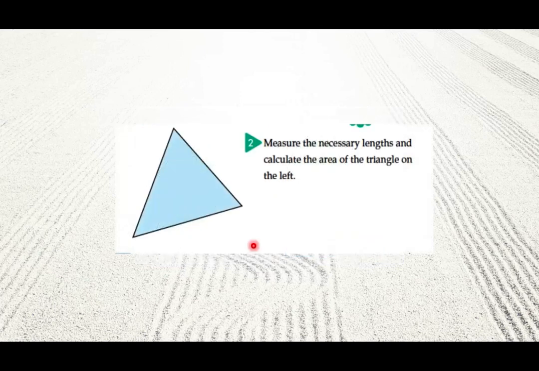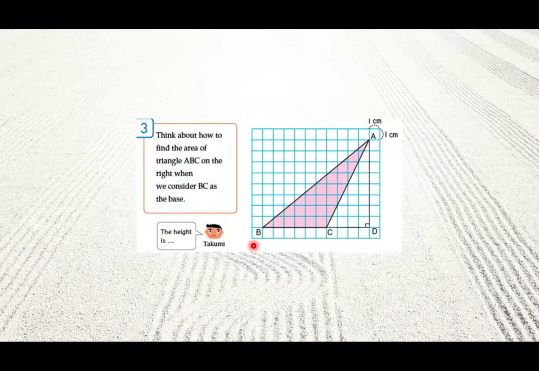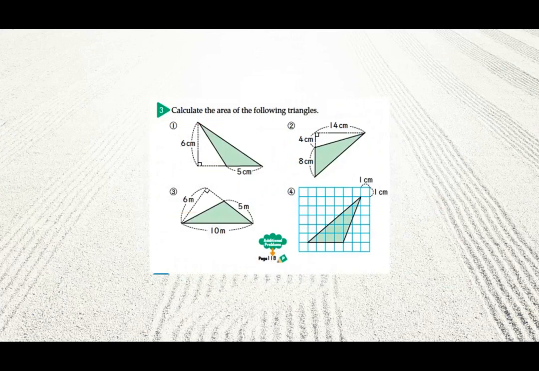And again, just like a parallelogram, we could ask a student to measure. Be sure it is perpendicular. And then another one, where the height is outside. How can we find this one? There are several different ways, and you could discuss this. So basically it is the same flow of the lesson.